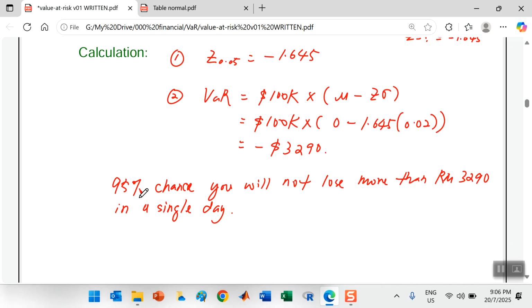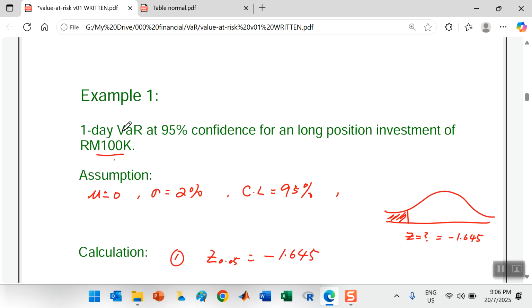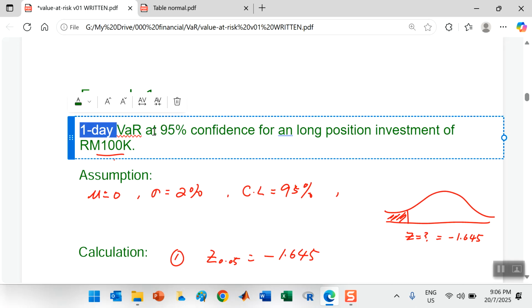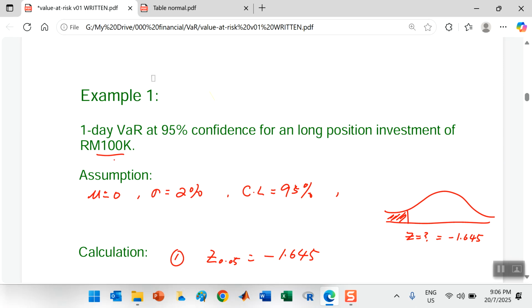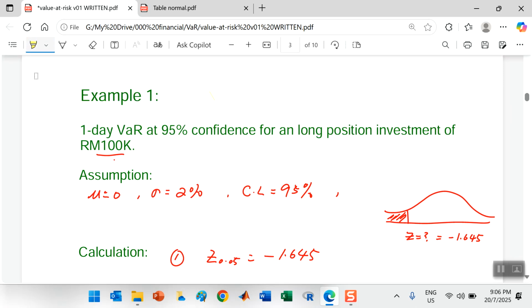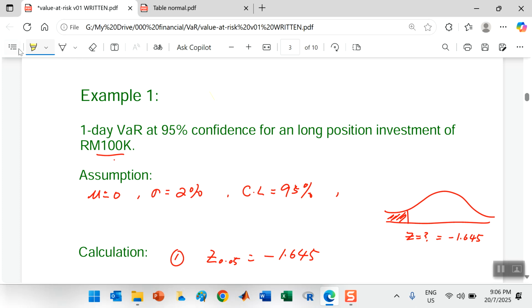Of course, there's another 5% chance that you might lose more than $3,290. Okay, great. So this is for one day, at a 95% confidence level. This is a VAR determination.